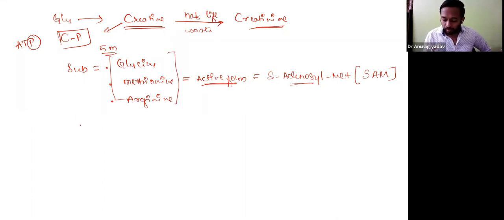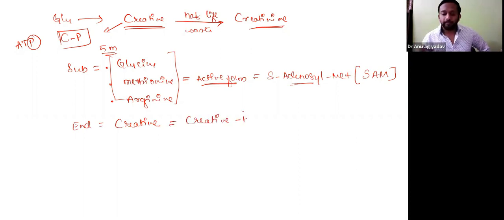Second, what is the end product? The end product is what we are synthesizing. Creatine, which is further converted into creatine phosphate. So that is our end product. In between, because we require the phosphate groups, we require important compounds, here ATP.